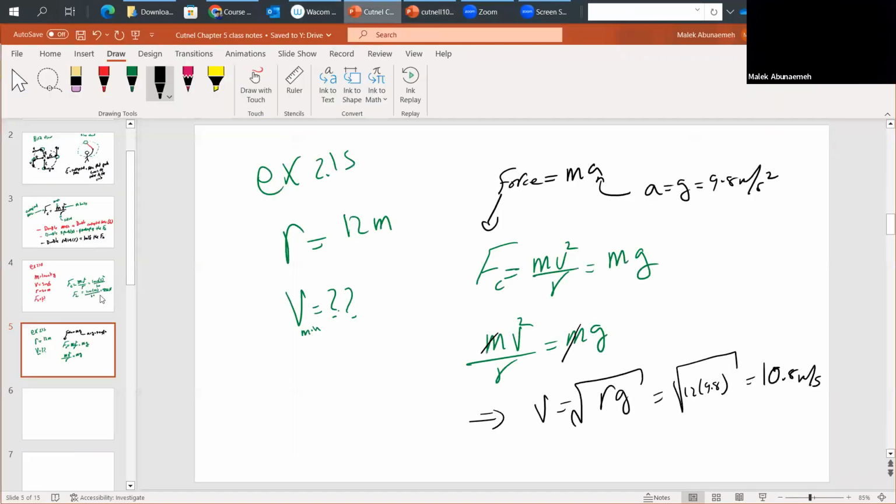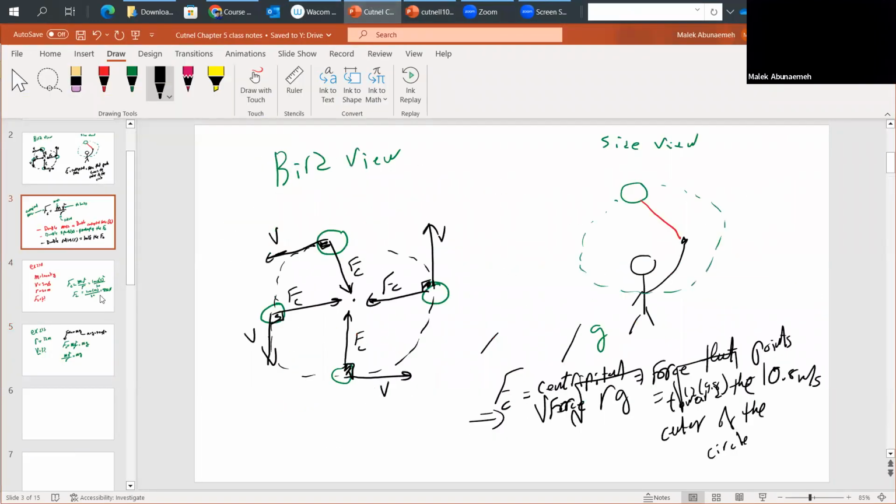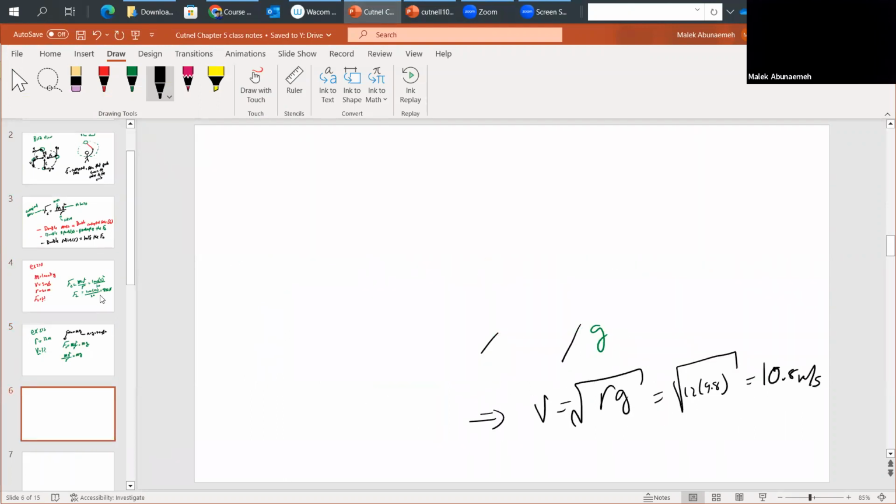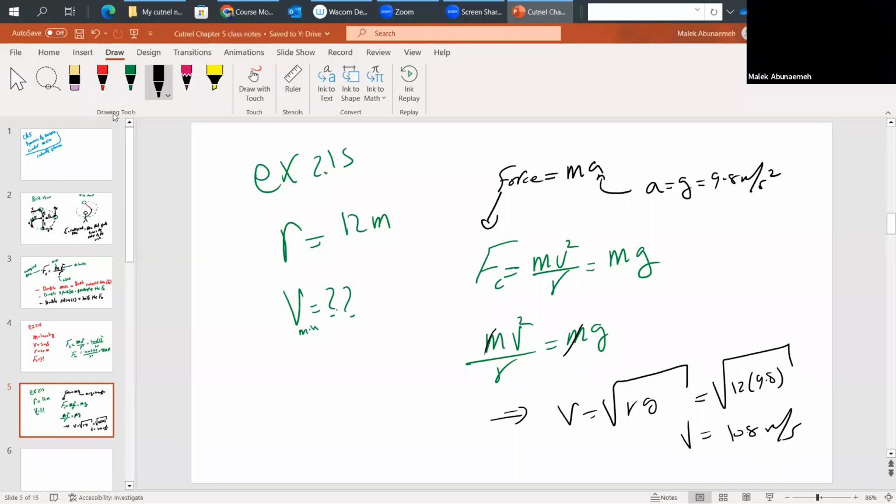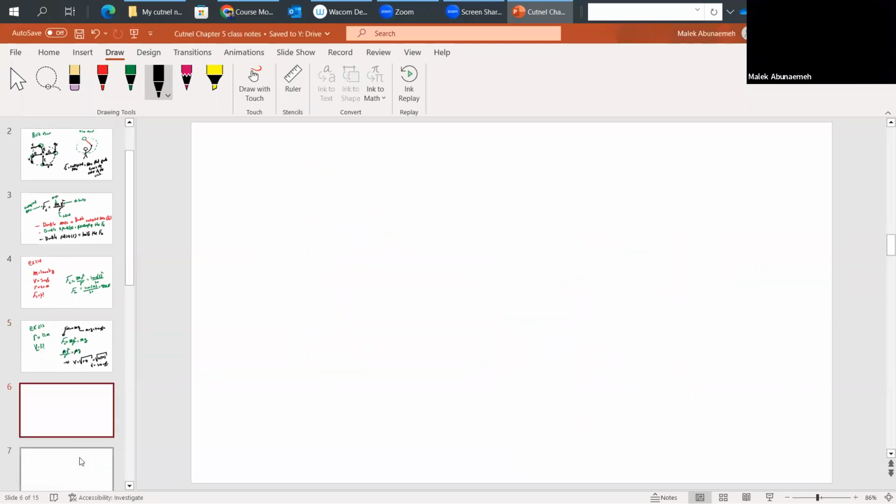Now, going back to our little ball that's going in this circle that we had in the beginning. All right, now let's go back to our little example. Again, like we said, the bird's eye view. So you got your little ball going in a circle.